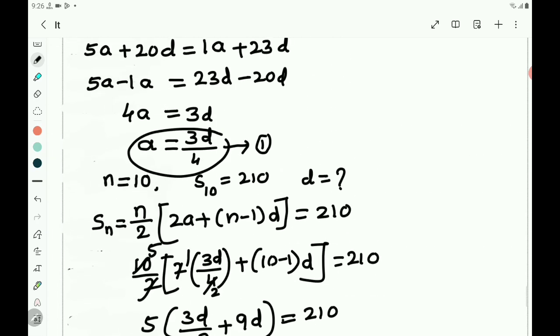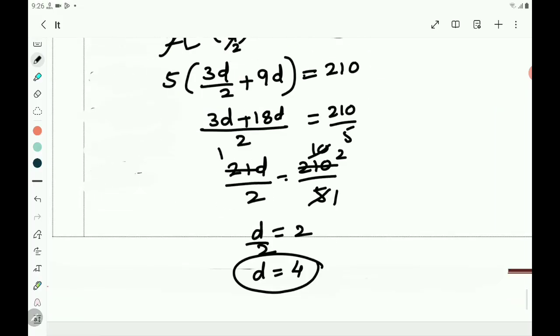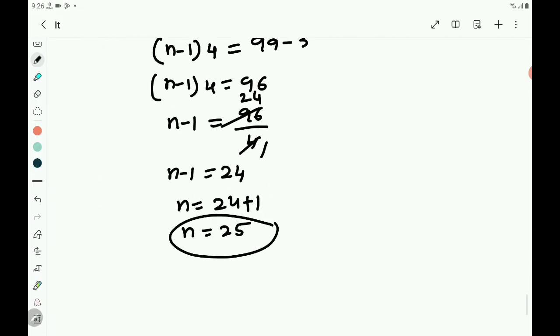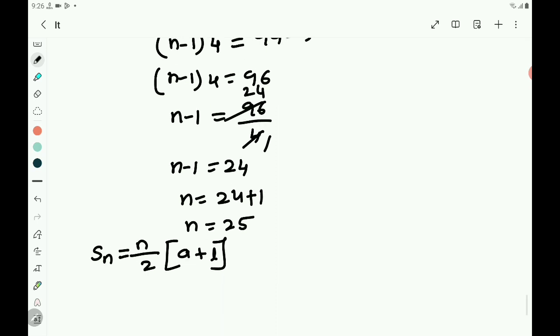And in the next step, what is to be found out? Sum of all terms. Means sum of how many terms? Sum of 25 terms. Here n you got, a is given, an the last term is also given. So you write Sn equals n by 2 into a plus l. l is the last term, that is an.